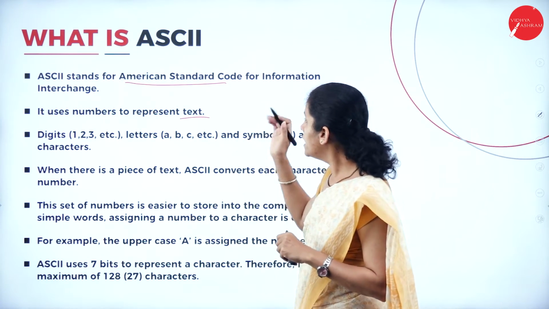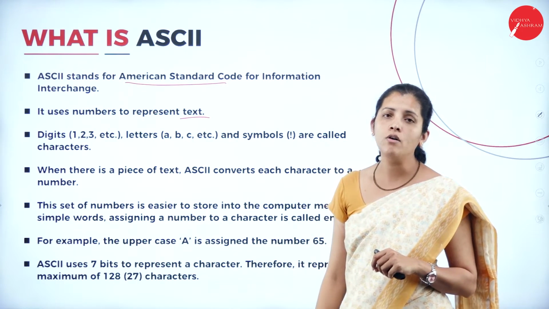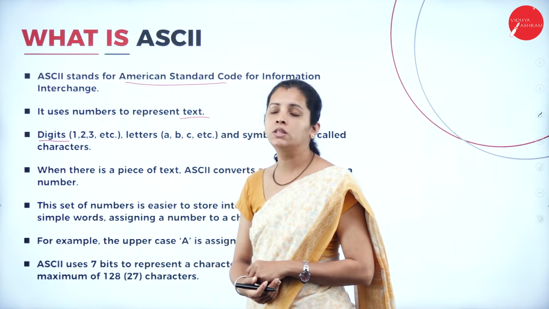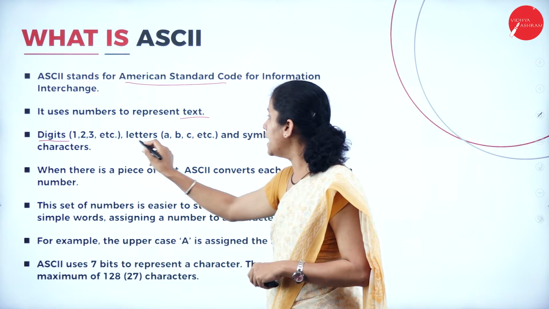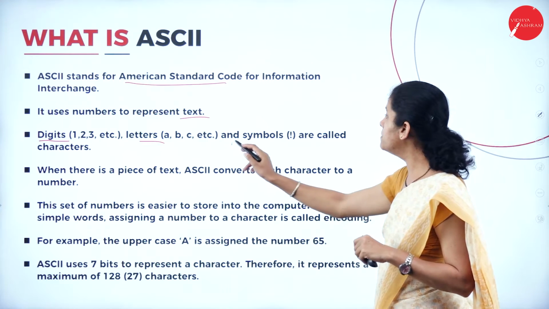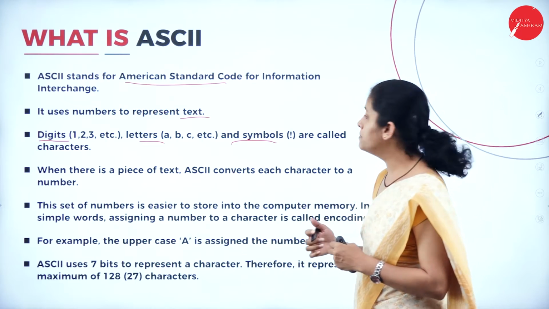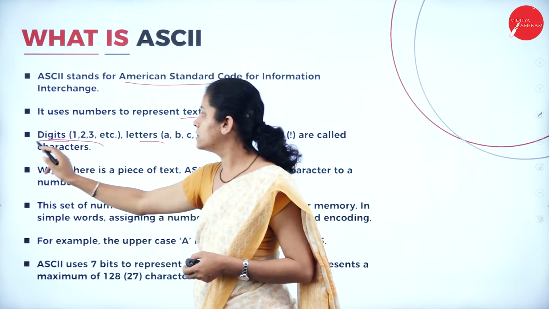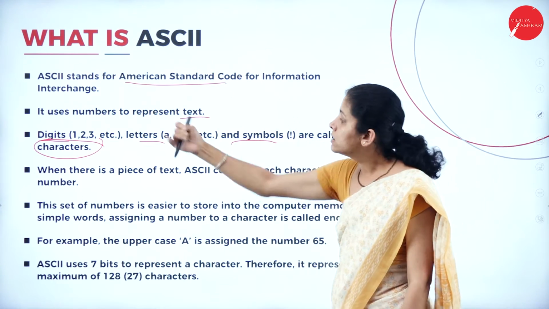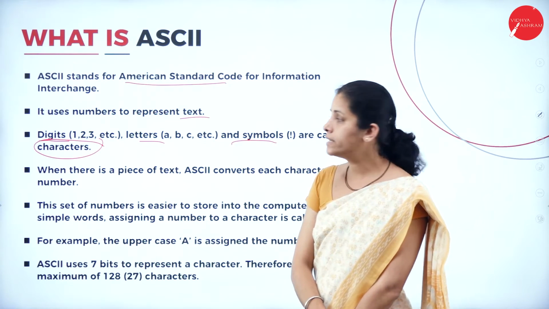For example, if I have any digit that is represented in the form of text. So here digits, that is 0, 1, 2, 3 up to 9, letters, capital letter A to Z or small letter a to z, and symbols, that is exclamation symbols or semicolon, any special symbols are called characters. That means in ASCII, digits, letters as well as special symbols are called characters.